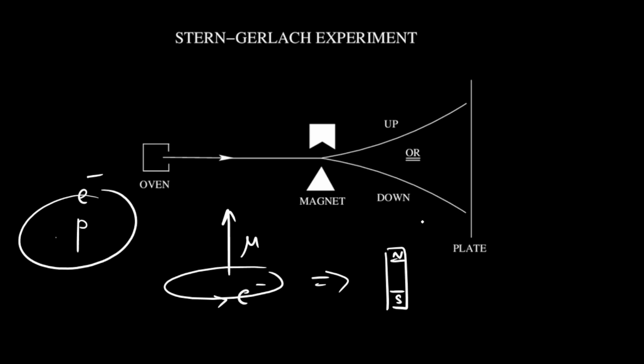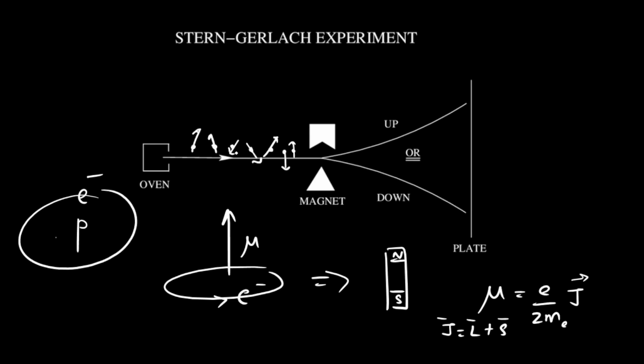Since the dipole moment, mu, given by this expression, depends upon the total angular momentum J, which is the sum of orbital angular momentum and spin angular momentum, that is J equal to L plus S, this implies that the magnetic dipole moments are quantized and the deflections we observe are discrete. This fact was not known at the time of the experiment.